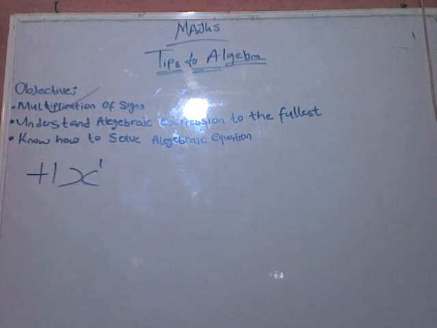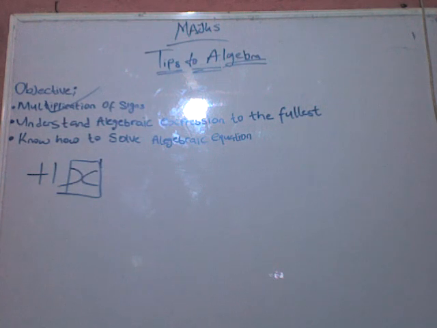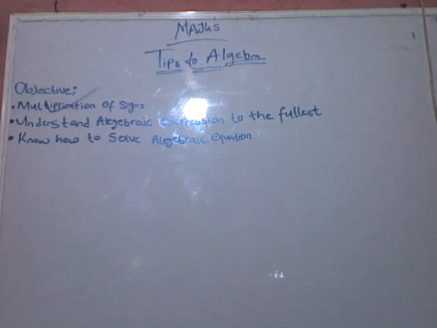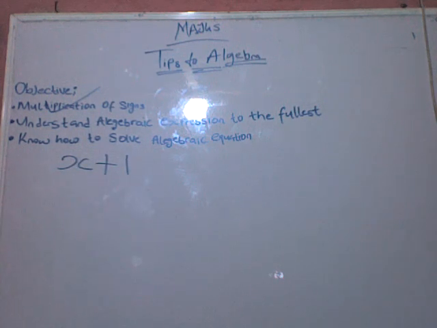So now we need to understand how we add variables together. All I mean by variables is x, and how we add variables with numbers together. You have been given a question which says x plus 1. Most people will start saying the answer is 2x, or x equals 1, or a different answer, because they don't really understand the concept.